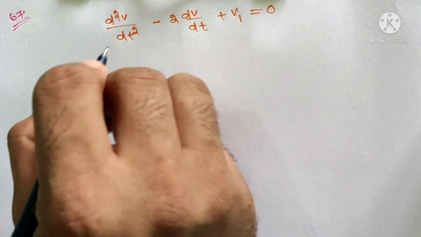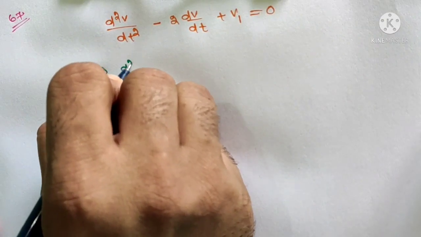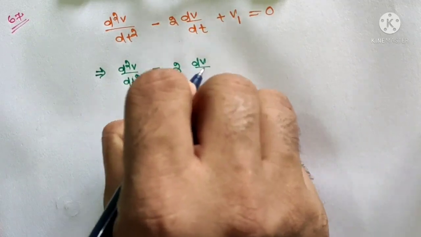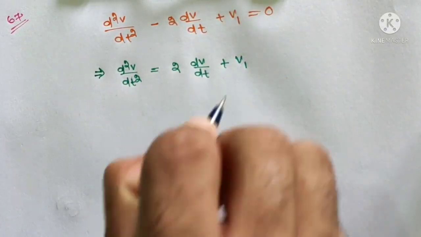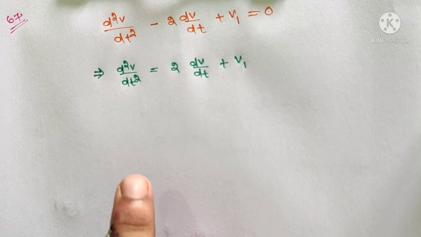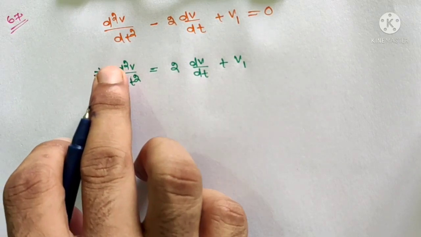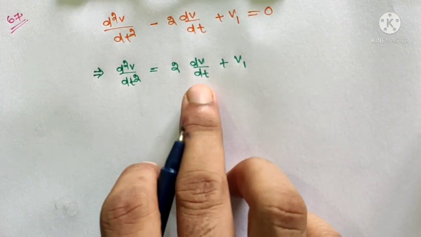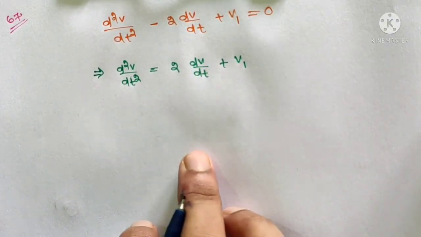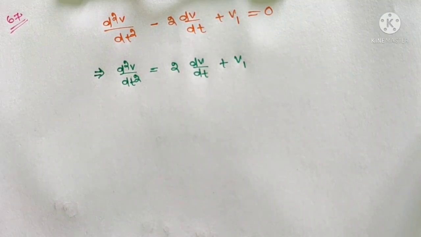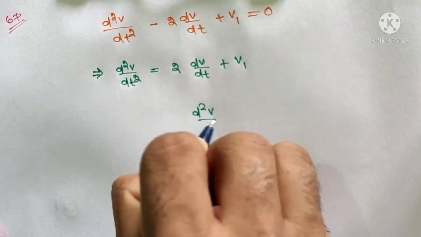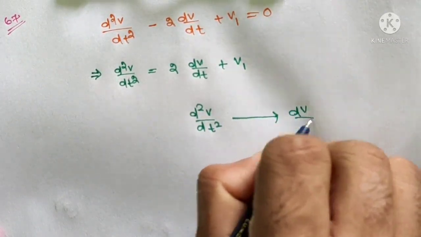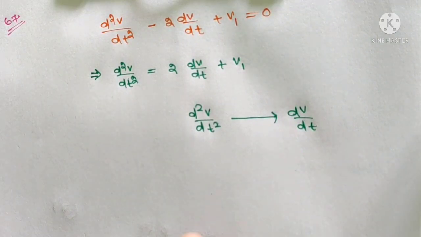Now देखो, from this equation we can write d2v by dt square equals to 2 dv by dt plus v1. तो देखो हम ऐसे कंसिडर करो कि हम ये this d2v by dt square using as input and we have to find output as this expression 2 dv by dt plus v1. So देखो from d2v by dt square we have to find dv by dt. तो देखो मैथमेटिकली कंसिडर करो कि ये कैसे आएगा.